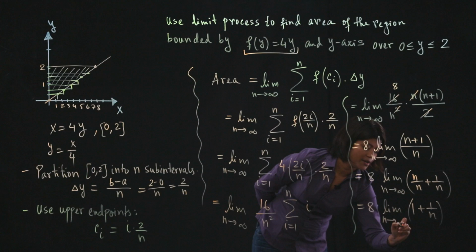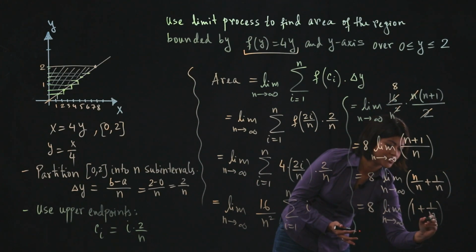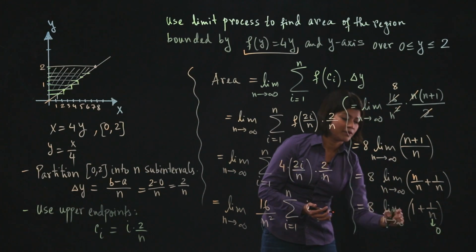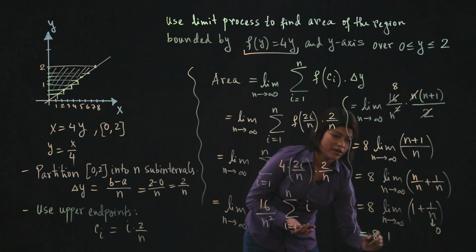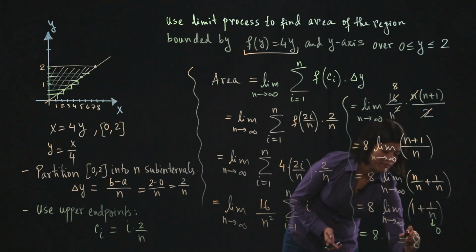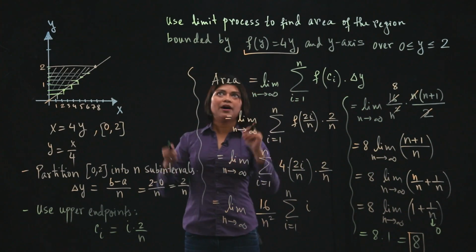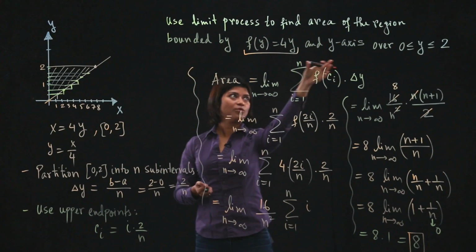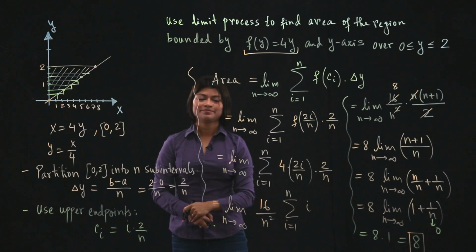As n approaches infinity, 1 over n approaches 0, so this limit is just 1. So we have 8 times 1, which is 8. Hence, the area of this region bounded by the function 4y and the y-axis between 0 and 2 is 8. Thank you.